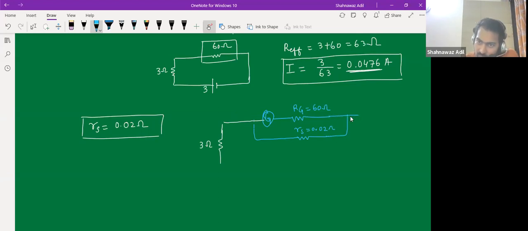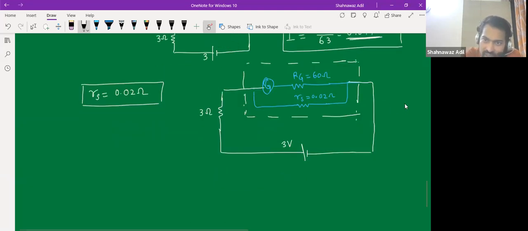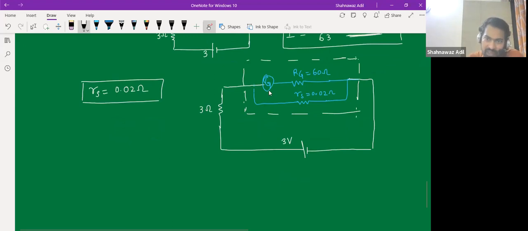So this is 3 volt, and this is my ammeter, not ampere, ammeter. What is the overall resistance of this ammeter device? These are in parallel, right?